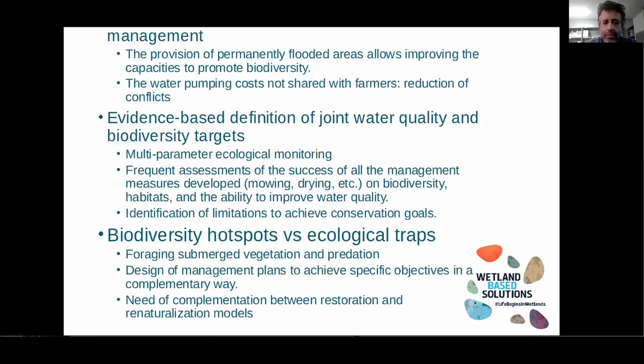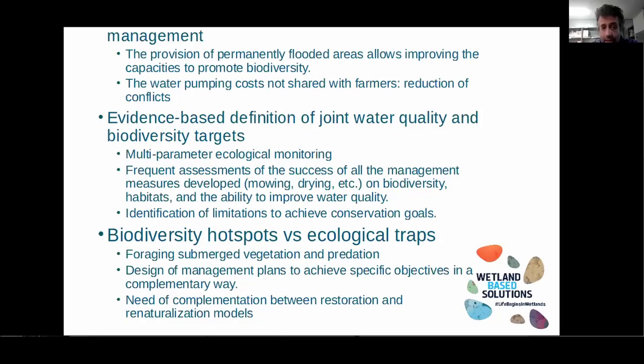Also, the importance of multi-parameter ecological monitoring, as we know every minute or every day what is happening in the wetlands. So we can have frequent assessments of the success of the management measures developed, but also identify the limitations to achieving conservation goals. As I said at the beginning of the presentation, we are focusing on biodiversity, but also on improving water quality.